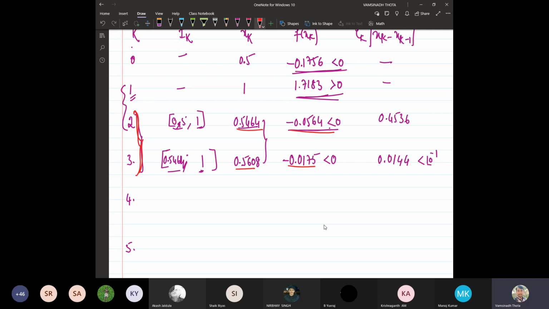So the first point will be 0.5608. And what about the other one? It is not this one, because the value of f at this point is minus 0.0175, which is less than 0. We have to go for the previous one which is bigger than 0, positive, that is x1. So the value is 1.